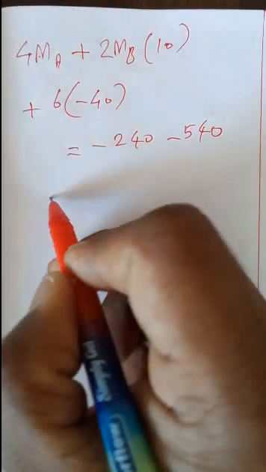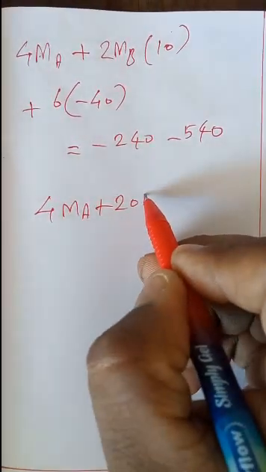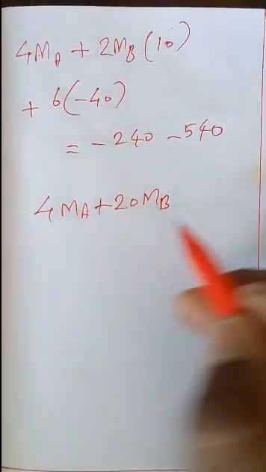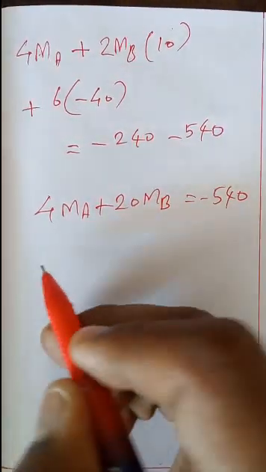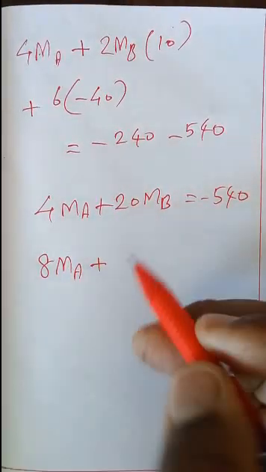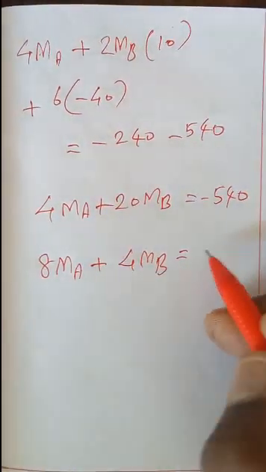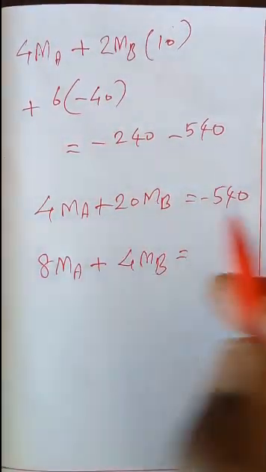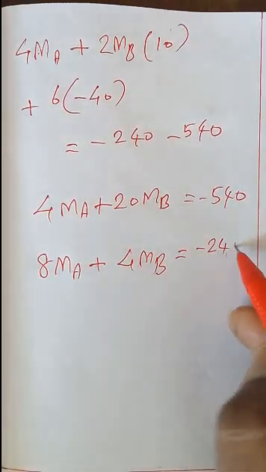Finally you get an equation 4 MA plus 20 MB equal to minus 540, and we already found the first equation, 8 MA plus 4 MB equal to minus 240.